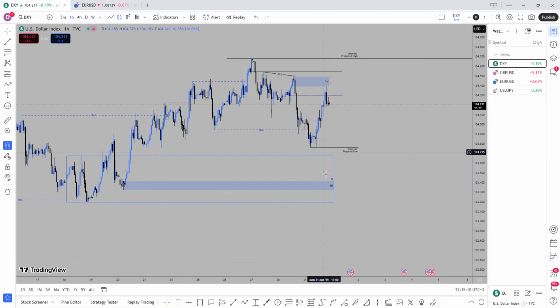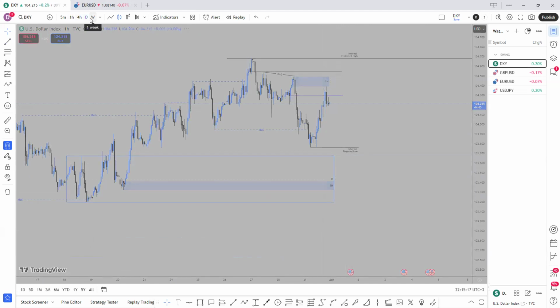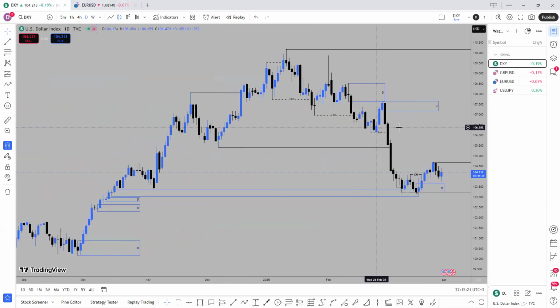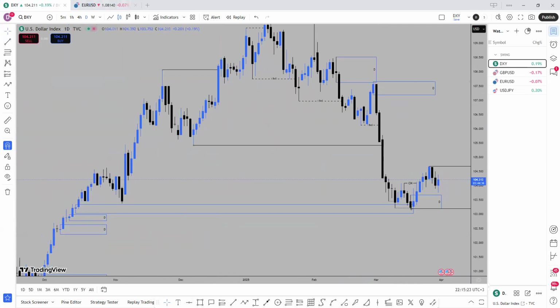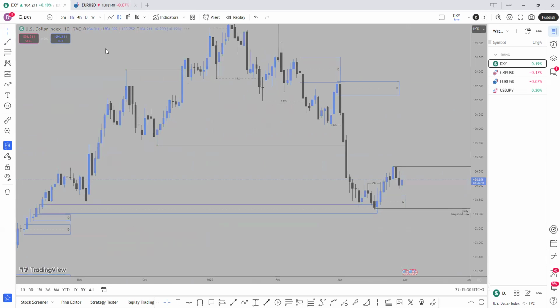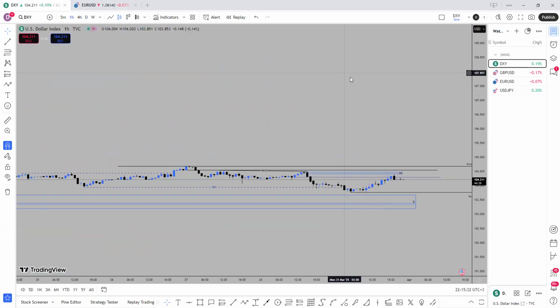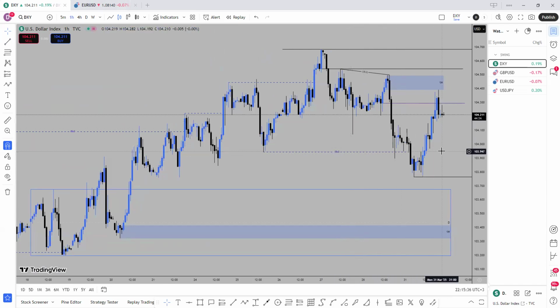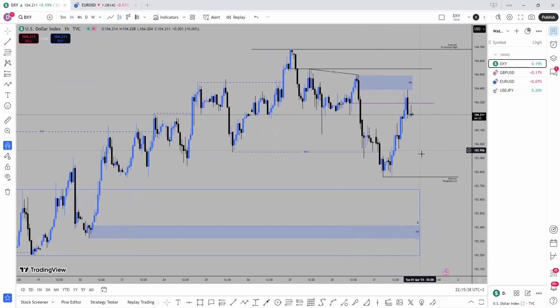Because the daily order flow is obviously the bigger order flow, that is the order flow that we should be expecting to get respected. That is why I'm telling you that it is possible that on the 1 hour, this bearish order flow, the internal trend, gets violated.